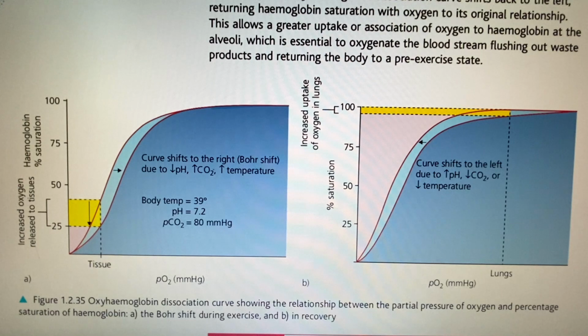The next thing that's happening is that obviously during exercise you are producing a lot higher quantity of carbon dioxide than you were at rest, and because you've got increased partial pressure of carbon dioxide in the muscles, that's also going to help the oxygen to dissociate that little bit faster into the muscles.